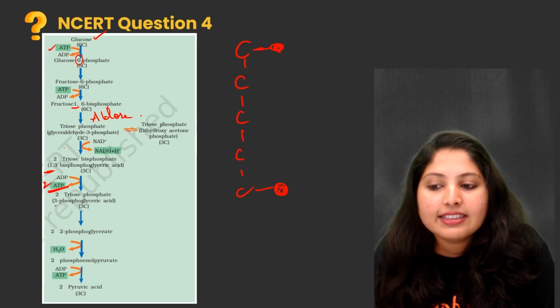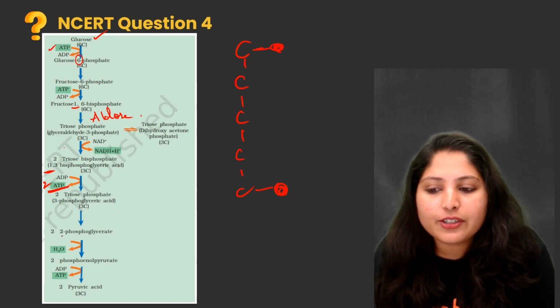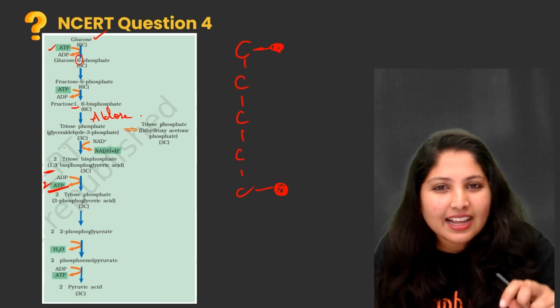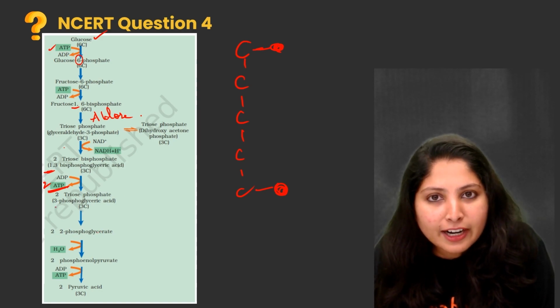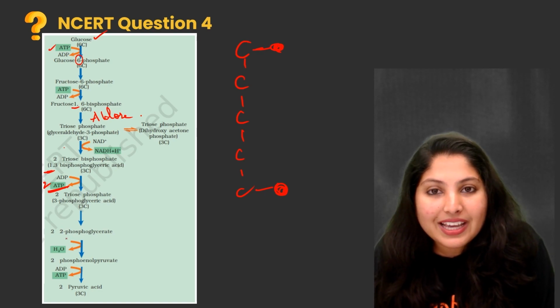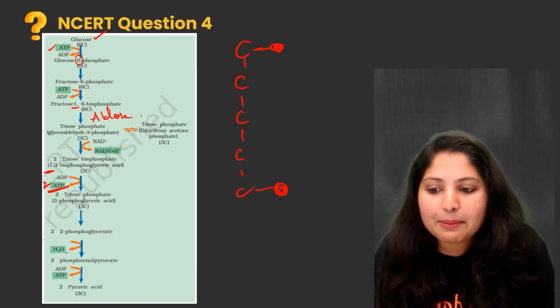Then 3-phosphoglyceric acid is going to convert into 2-phosphoglyceric acid. Some mutation happened. From the third position, the phosphate group is moved to the second position. Next what happens?